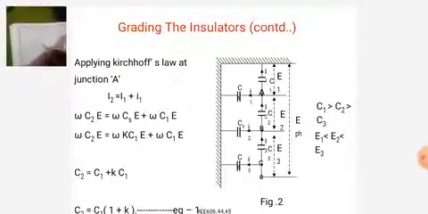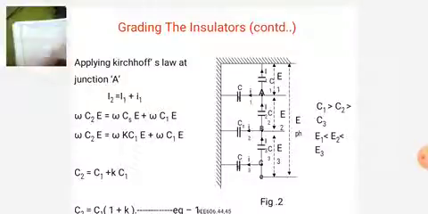What is I2? I2 is equal to ωC2E, which is equal to ωCS into E1 plus ωC1 into E1, where E1 is the voltage across the first disc and I2 is the total current. So ωC2E2 is equal to ωK C1 E1 plus ωC1E1. So ωC1 is common: K plus 1.